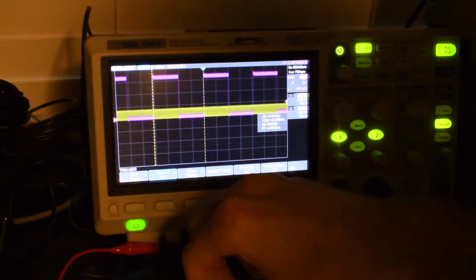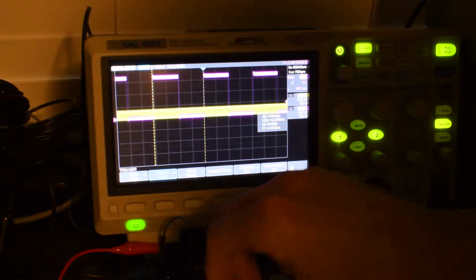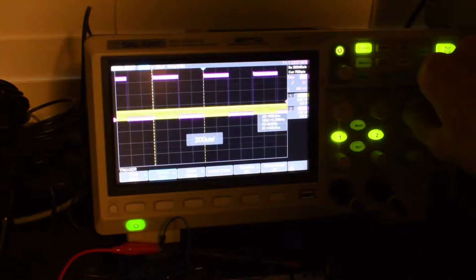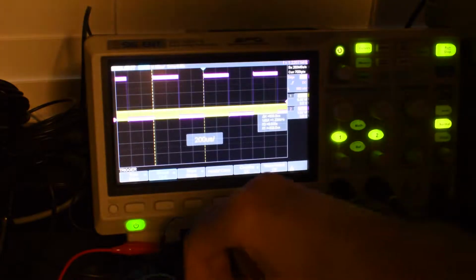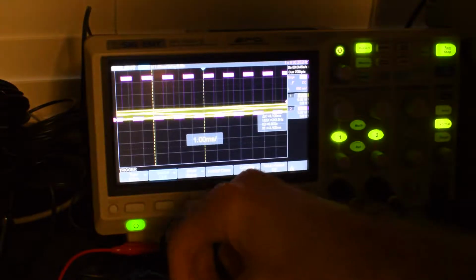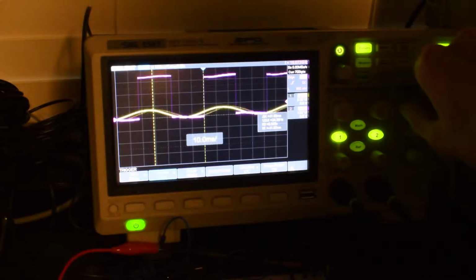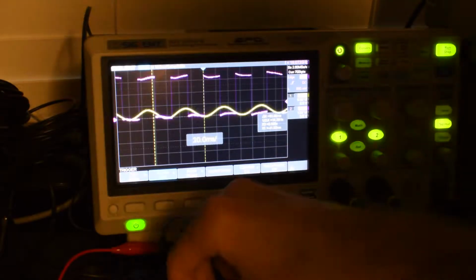So we can just work our way up on that second counter, and the frequency keeps getting smaller and smaller, and the pulses keep getting longer and longer.